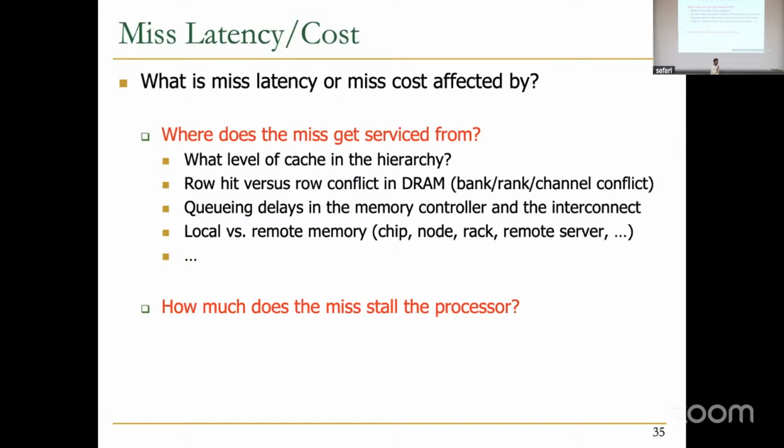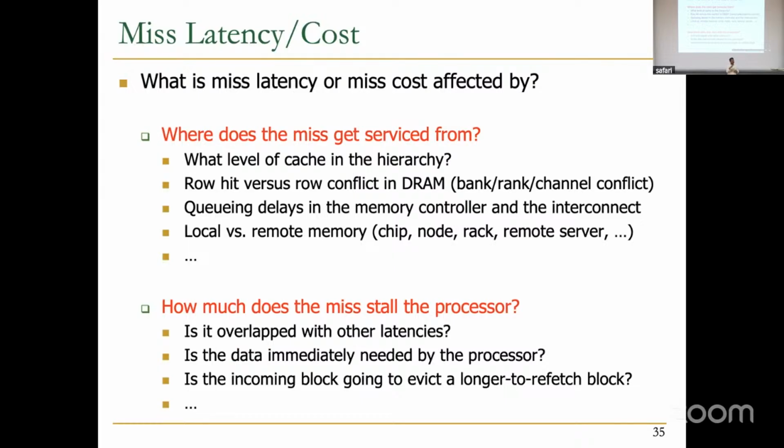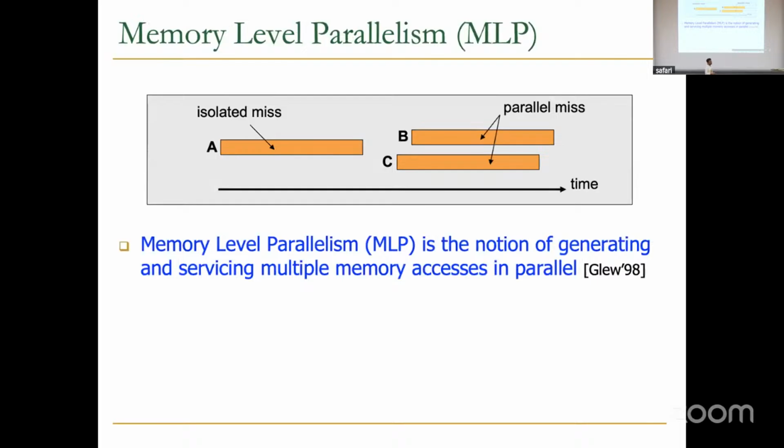One assumption you might be making is that reducing the misses is going to give you performance. That might not always be the case, right? Why? Because if that miss is not critical for the processor, if it is not something the processor is waiting for anyway, then reducing that miss is not going to be helpful. Hopefully I'm going to convince you by showing this slide. So think of it this way.